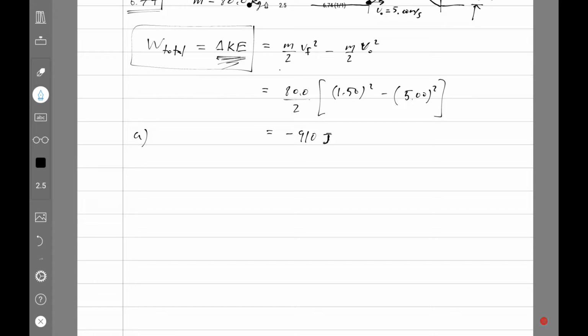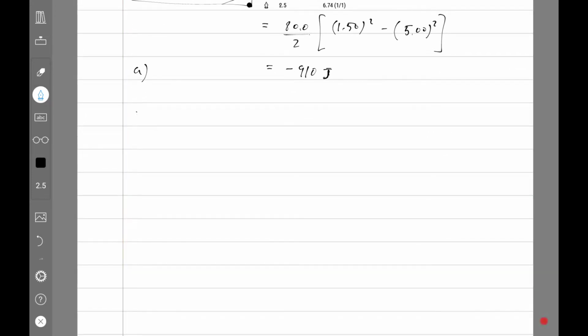How much work have I done with the force I apply to the pedals? Alright, so how much work is done by me?